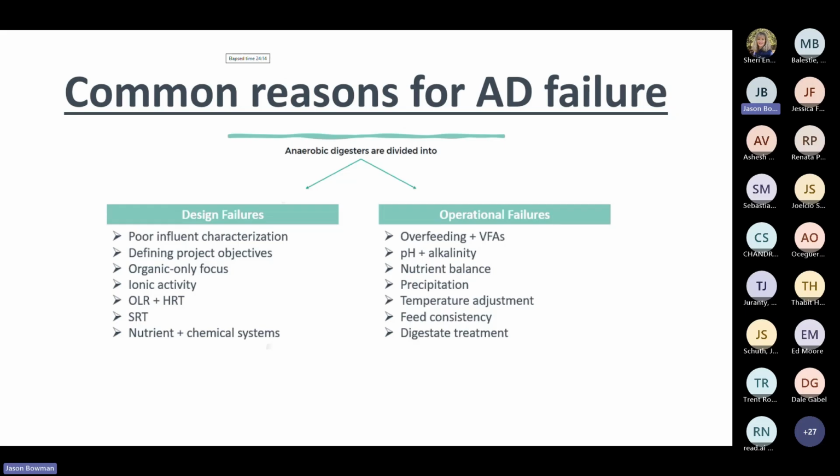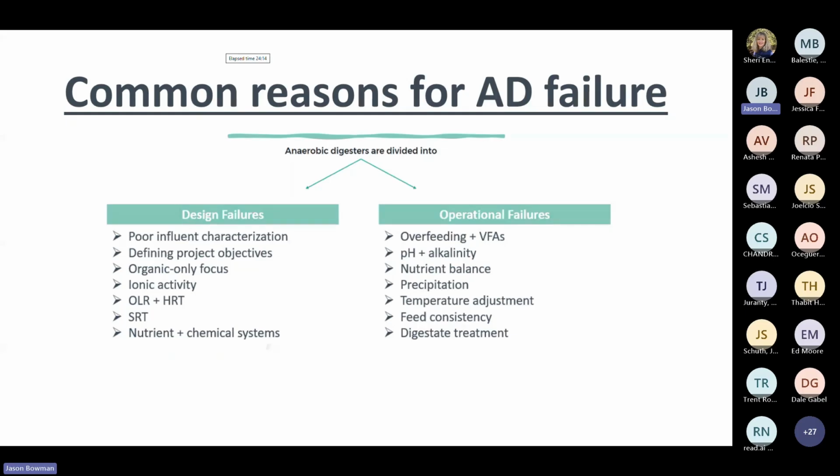Note here that we are keeping the SRT separate. In some digester configurations, there is actually no ability to control the SRT, that's the solids retention time. So we're going to speak more on this later because this is a very important facet of recuperative thickening.